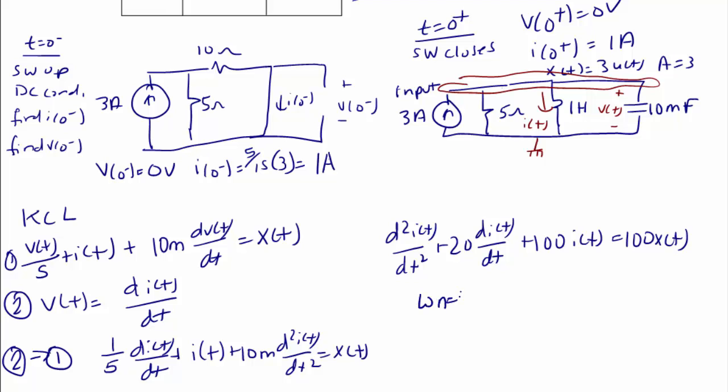So we equate coefficients to solve for omega n equal to 10 radians per second. The static gain k is equal to 1, and 2 zeta omega sub n is equal to 20. Therefore, zeta is equal to 1. Zeta equal to 1 indicates that we have a critically damped response.